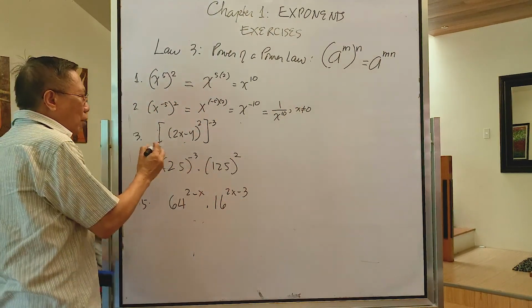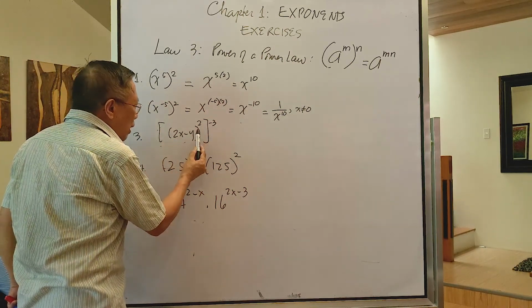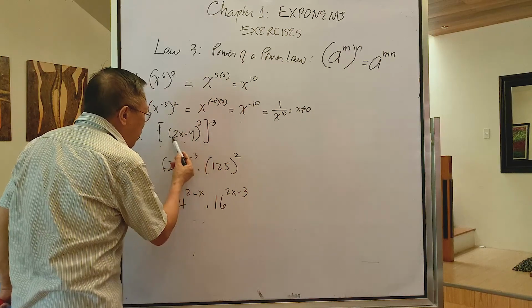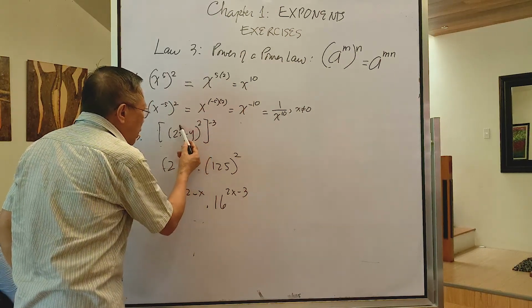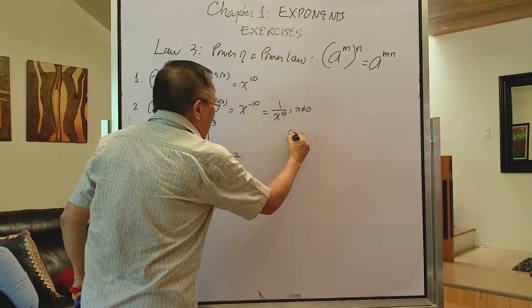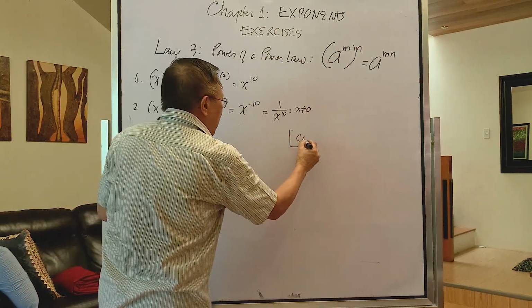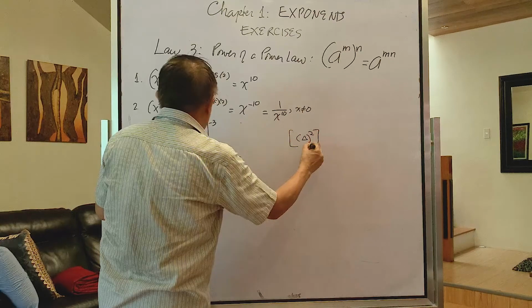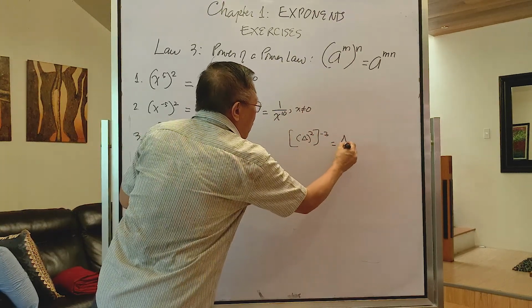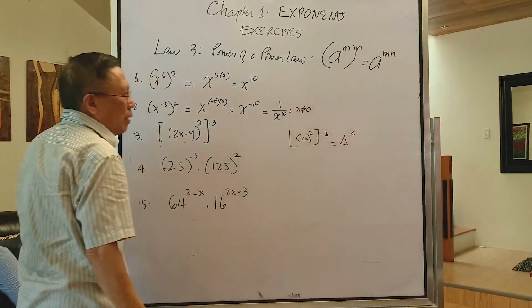Okay, now I'm telling you again that no matter how many terms we have inside the parentheses here, we can always look at this as just one symbol, let's say a triangle. So I can actually have this as triangle squared and then negative 3. So this will give me a triangle to the negative 6.